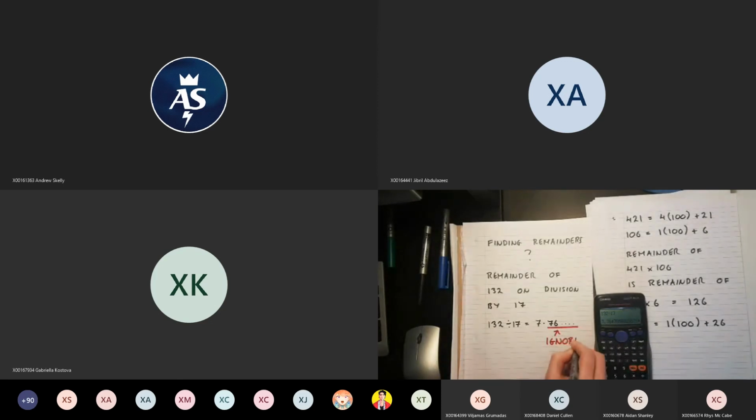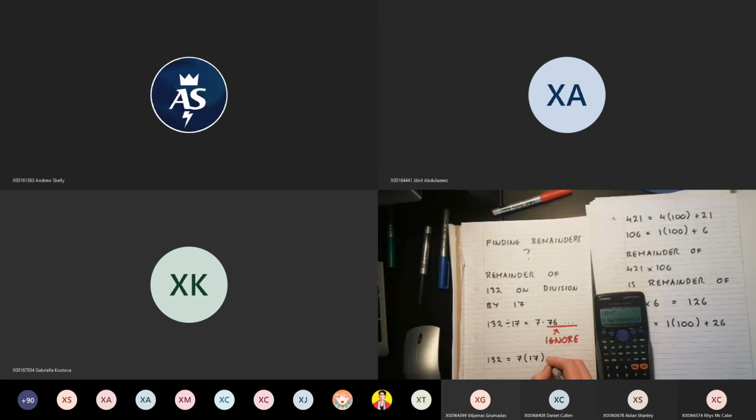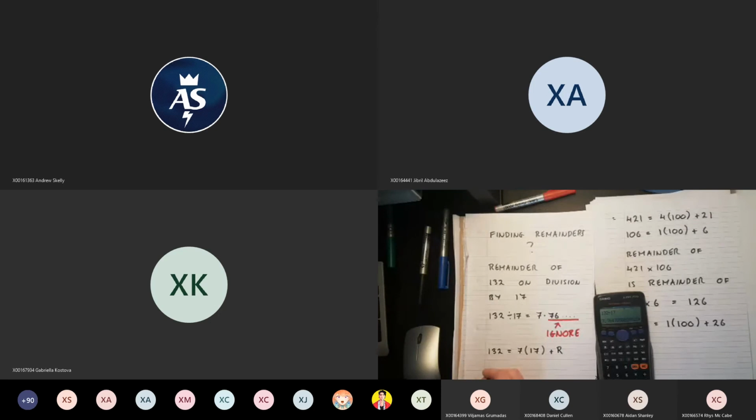There are no decimals in modular arithmetic. So what do I know? I now know that 132 is the same thing as 7 times 17 plus some remainder. I don't know what that remainder is, but I'll work it out now in a second. So in order to work out what the remainder is, I say 132 minus 7 times 17 has to be equal to my remainder.